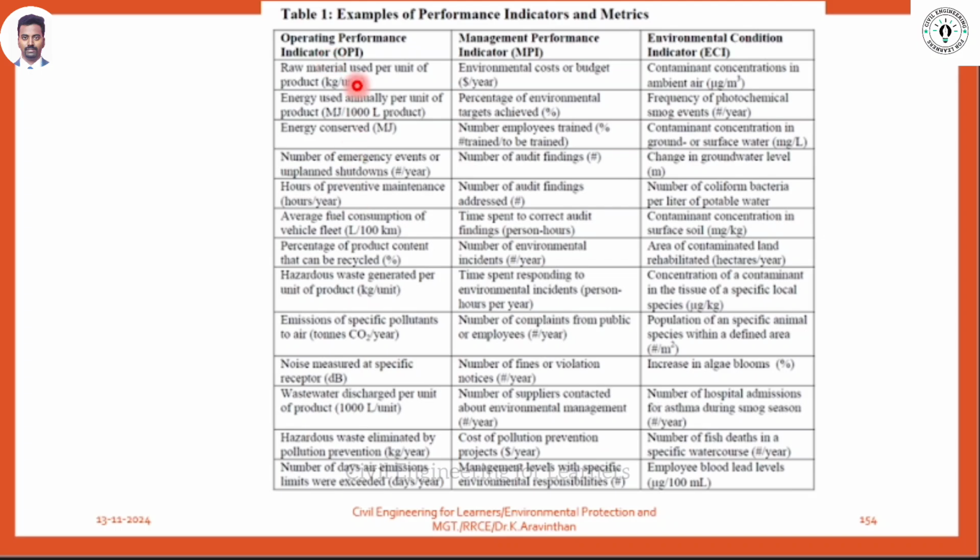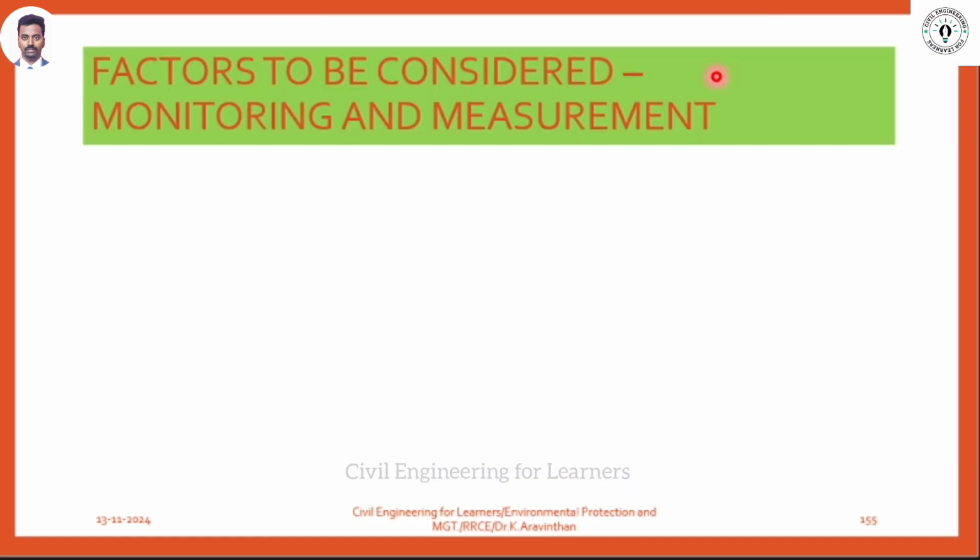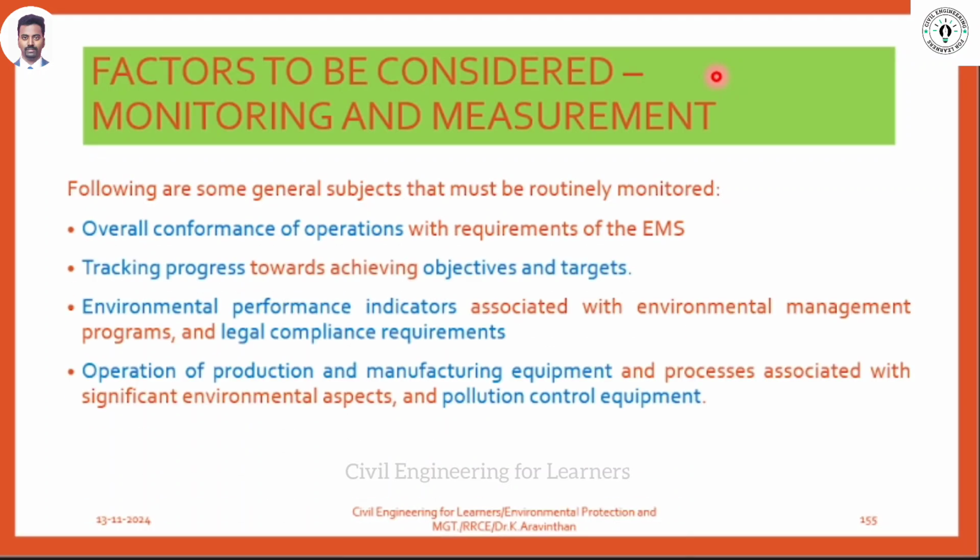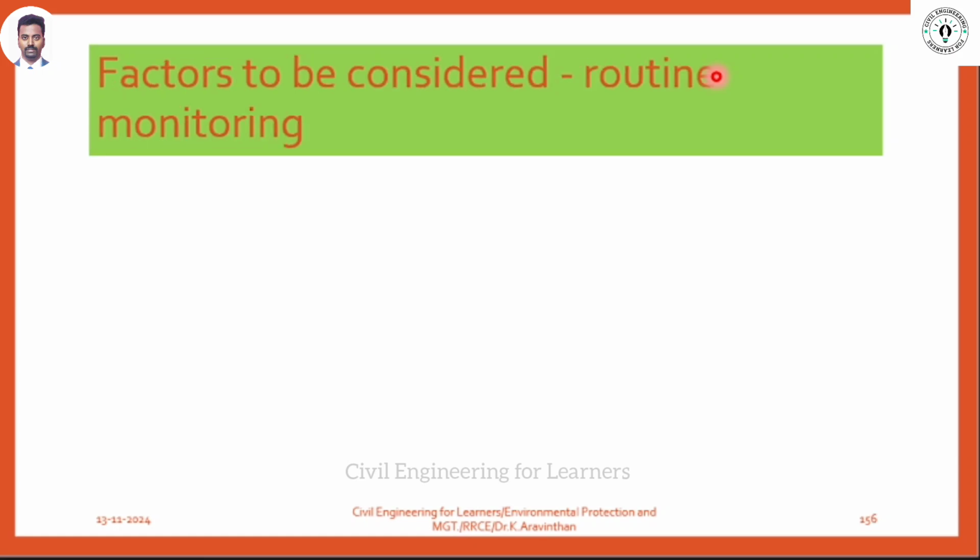From there you have to monitor and measure. Management performance indicators, and you have to do environmental condition indicators. These three things have to be measured. Then factors to be considered for monitoring. There are 4 factors: overall conformance of operation, tracking process for objective and target, environmental performance indicators, etc.